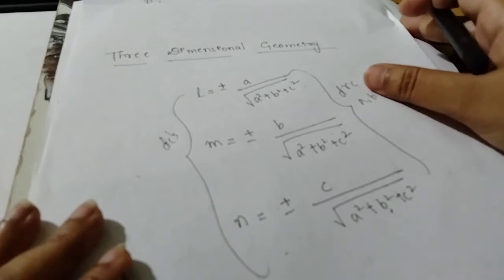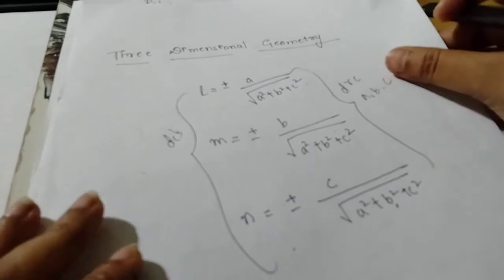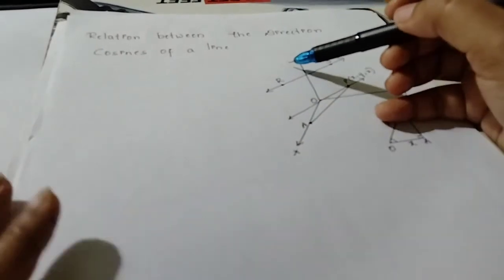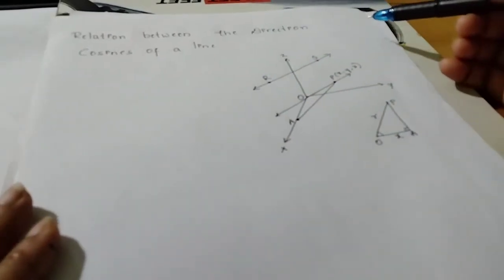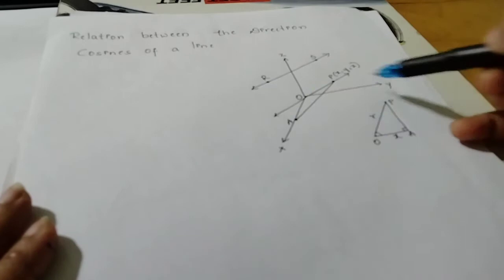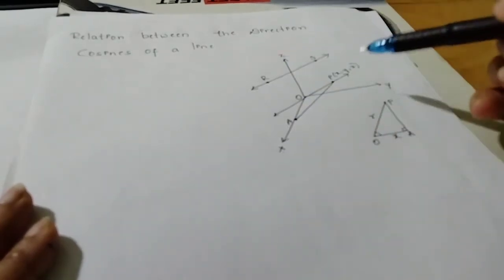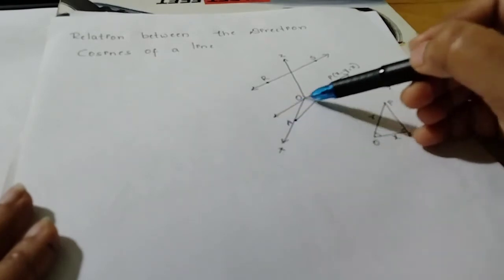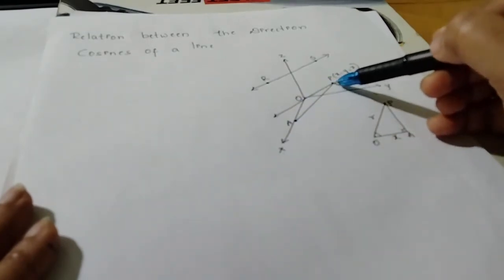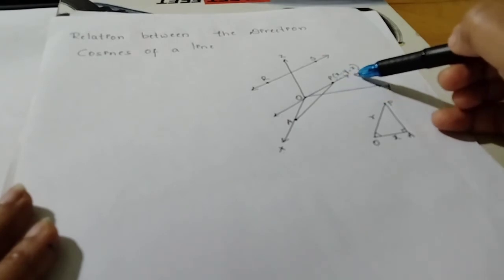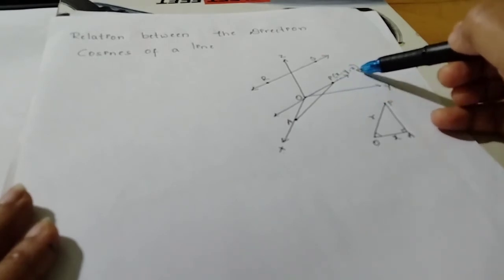So now we are going to see the relation between the direction cosines of a line. What I have done, I have taken three axes here, x, y, z axis. Along OP, OP is what? It is a position vector where P is the point with the coordinates x, y and z.